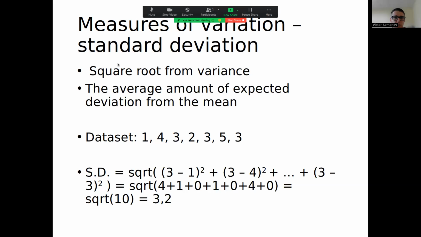So standard deviation is the square root of variance. We just get rid of this squared number of episodes of flu from the previous year. So we repeat the same procedure, but in the end we take the square root of 10, and we get 3.2 episodes.